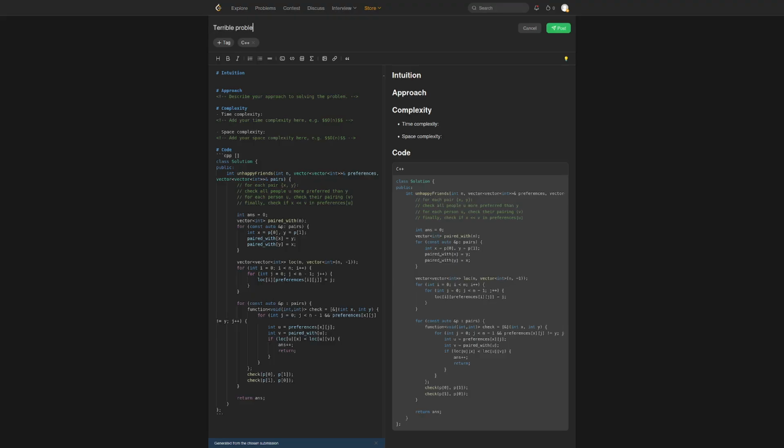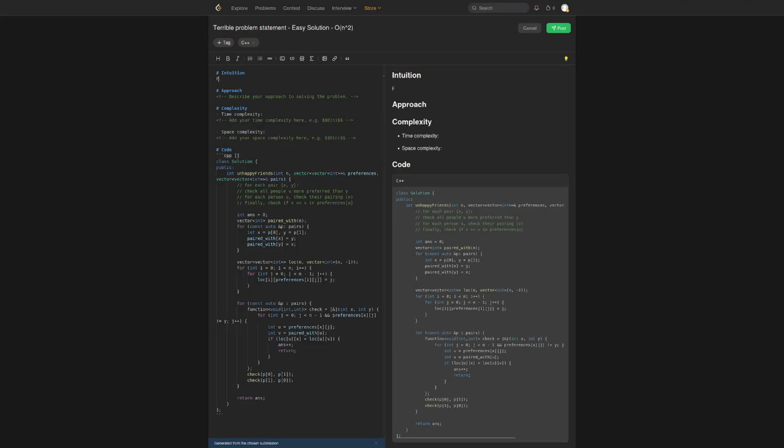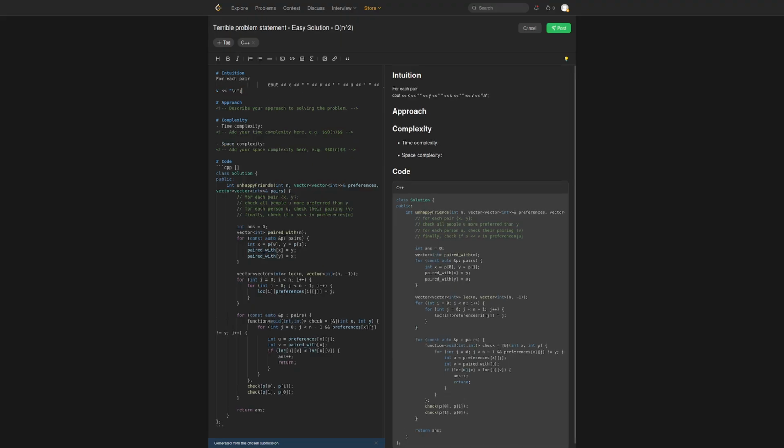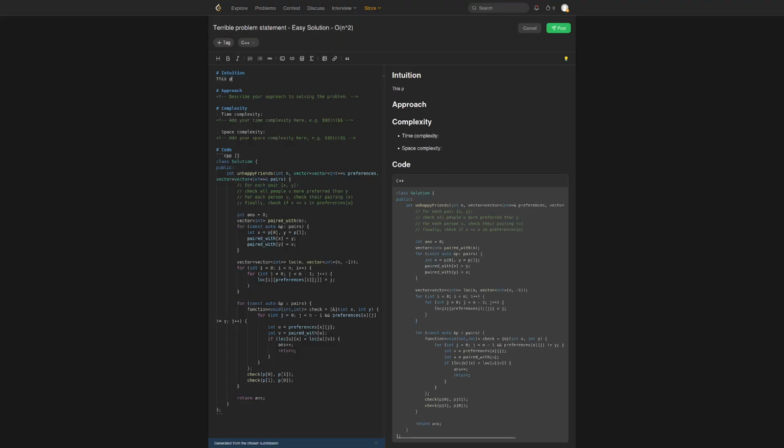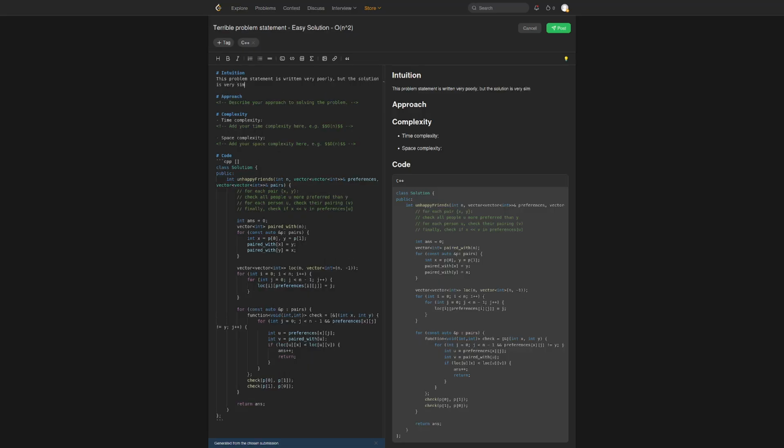Terrible problem statement, easy solution. O(n) squared. For each pair, this problem statement is written very poorly, but the solution is very simple.